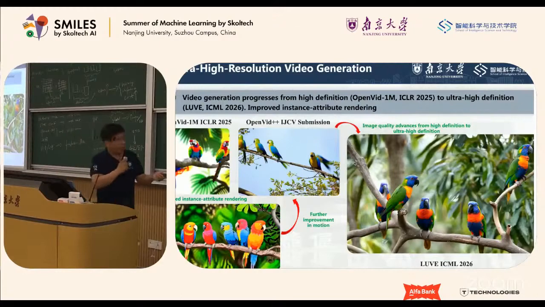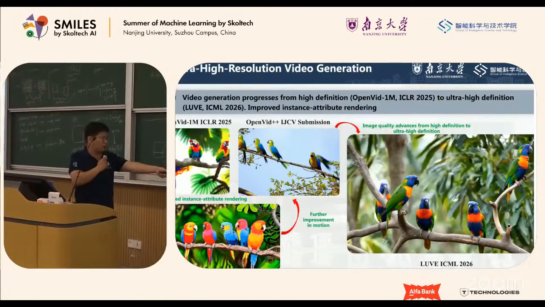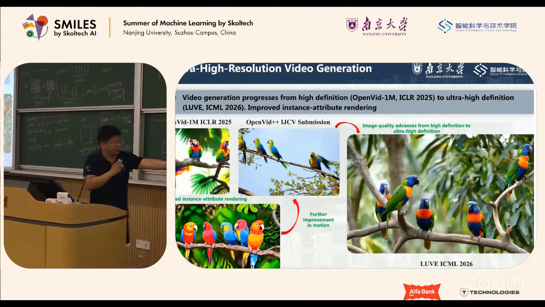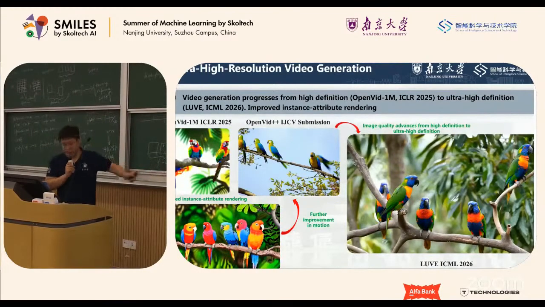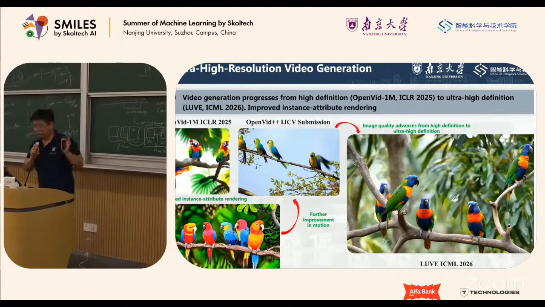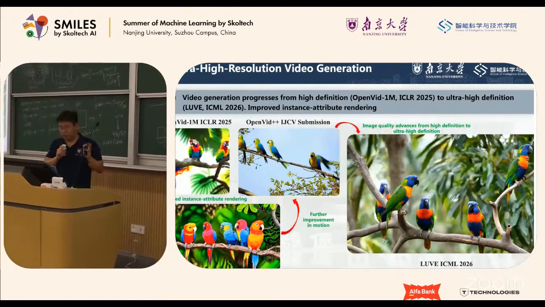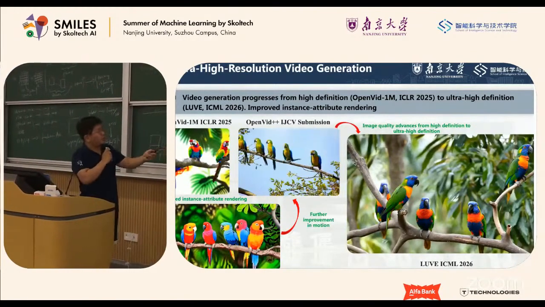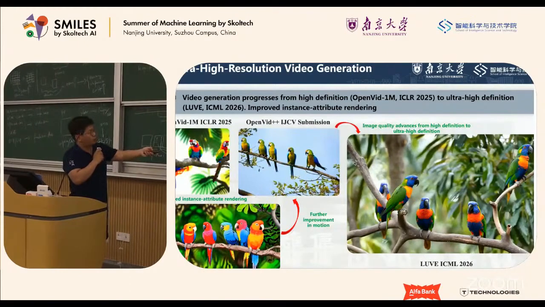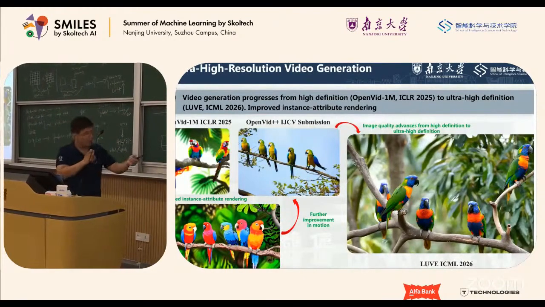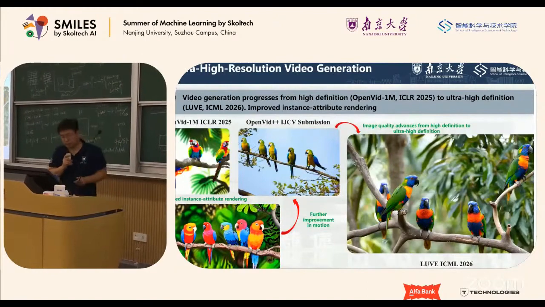Next, we proposed InstanceCap. InstanceCap improves instance attributes. The prompt for the videos is: five colorful parrots are perched on a tree branch. You can see in OpenVid-1M, the number of the parrots is wrong, but in InstanceCap, the number is correct.